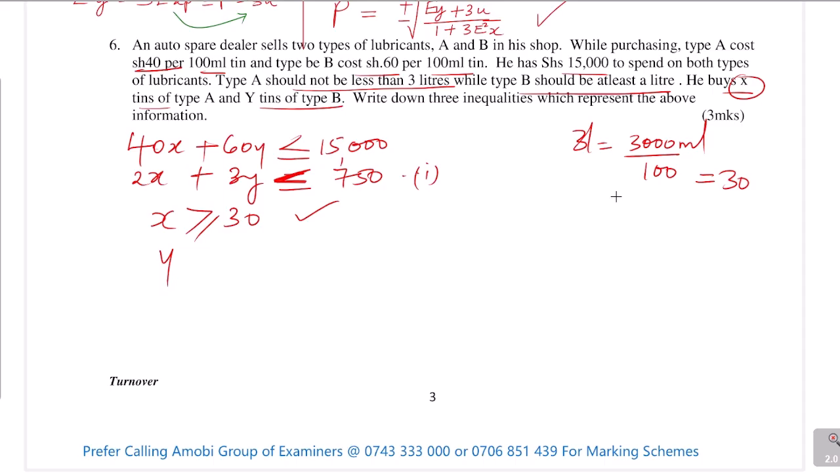Both type A tins and type B tins have their cost given per 100 ml tin, so that is why we have to convert this liter. 1 liter is 1,000 ml, and since the cost is per 100 ml tin, we divide by 100 and this will give 10. So y should be greater than or equal to 10. That is the meaning of at least a liter.